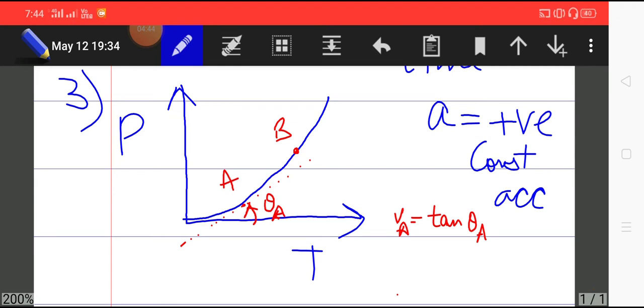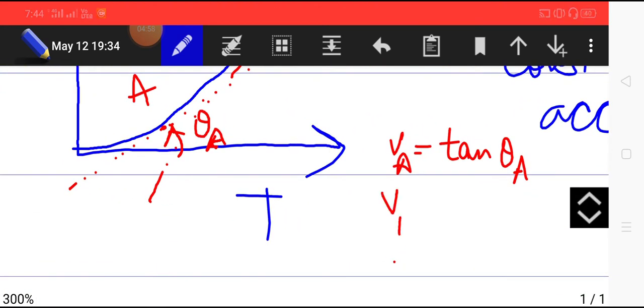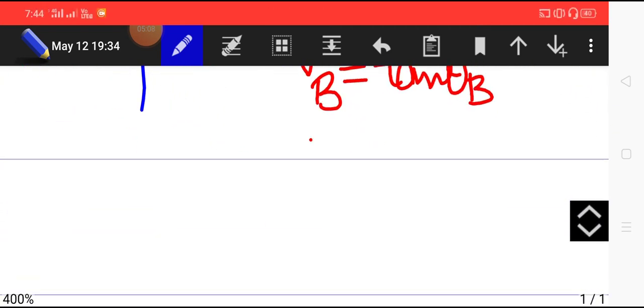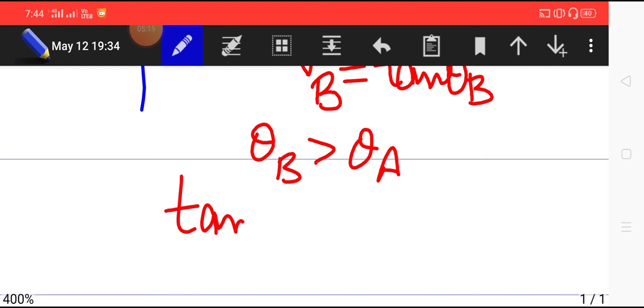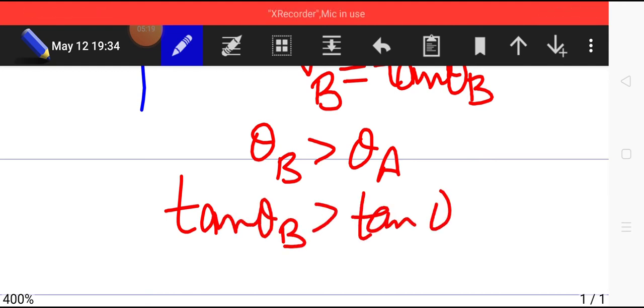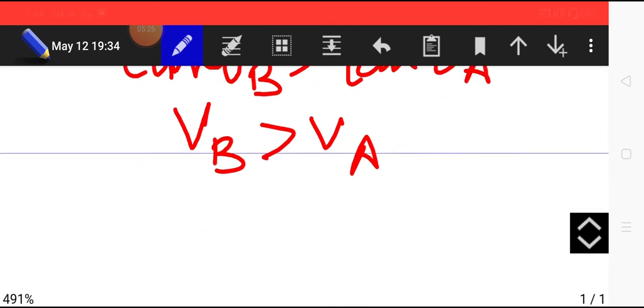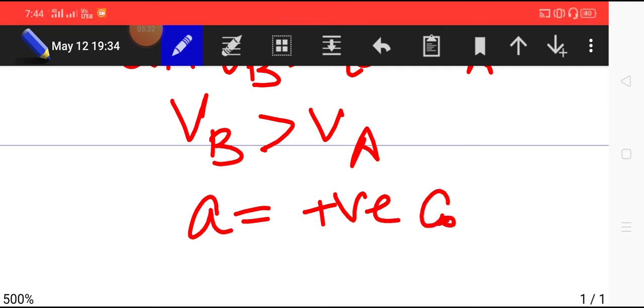Now move a little ahead and reach point B. What is the velocity at point B? Again we draw a tangent at point B, and we can see that the angle theta B is greater than theta A. So velocity at point B is equal to tan theta B. And it is very simple that for theta B greater than theta A, tan theta B is greater than tan theta A, which in turn tells you velocity at B is greater than velocity at A. This simply says that acceleration is positive.